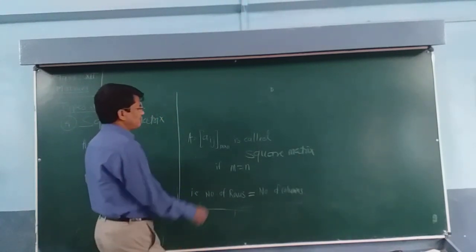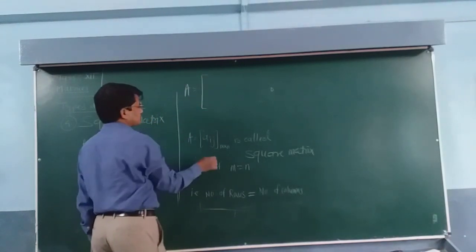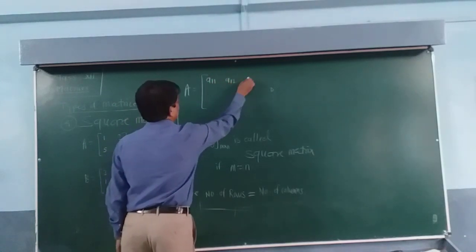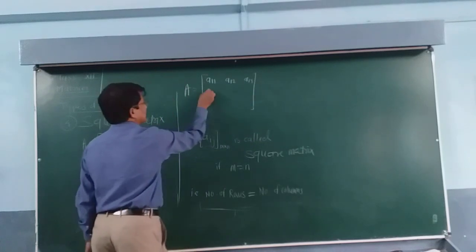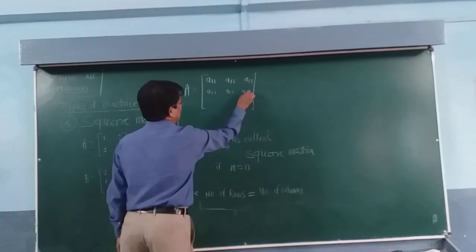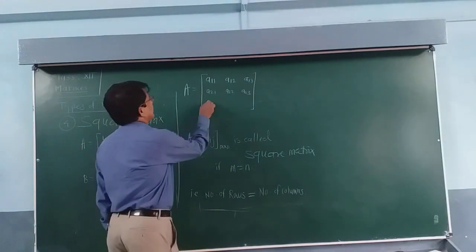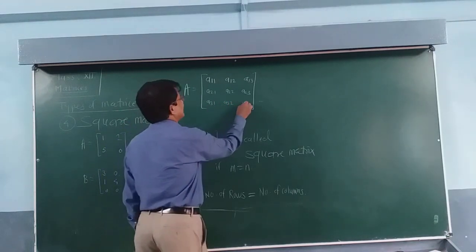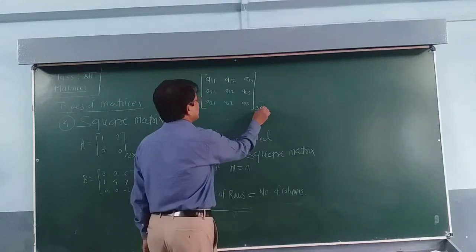Generally, a square matrix can be represented in standard form as: A11, A12, A13; second row A21, A22, A23; and A31, A32, A33. What is the order? 3 by 3.